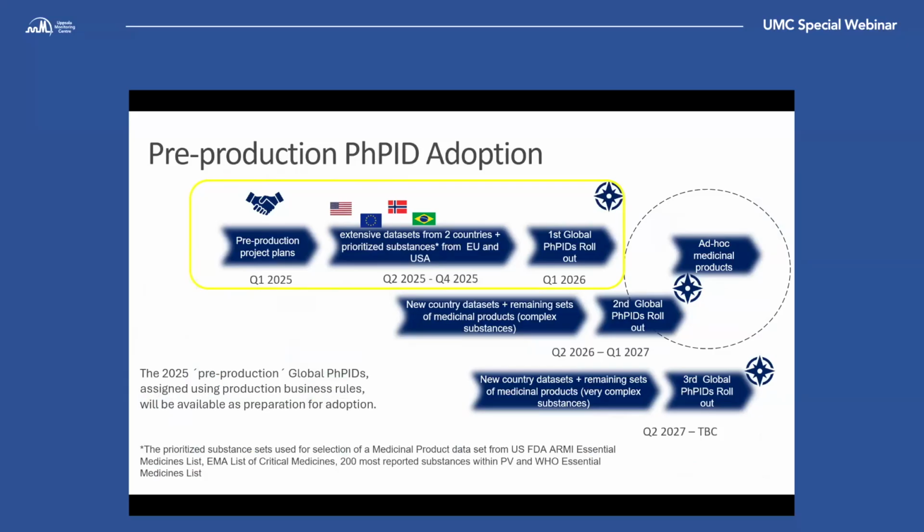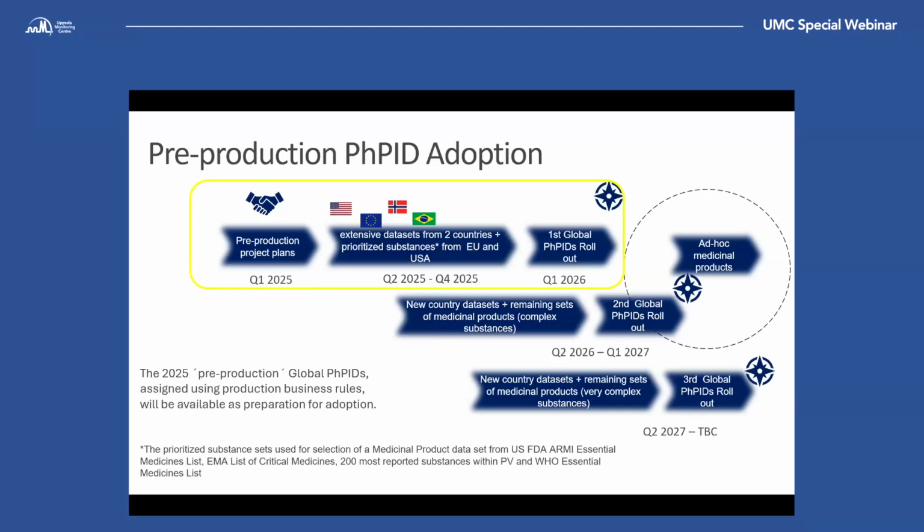So we began with the pre-production plans, recruiting the participants, trying to select the data sets, and of course, the plan is that by Q1 2026, we will have the first global PhPIDs rollout using production business rules, which will serve as a preparation for full adoption.